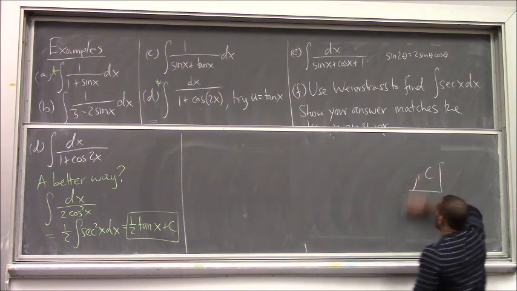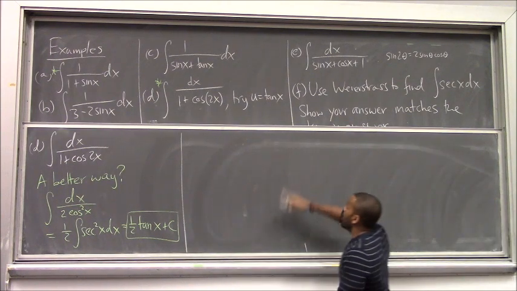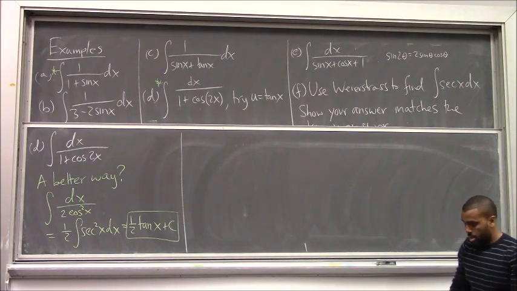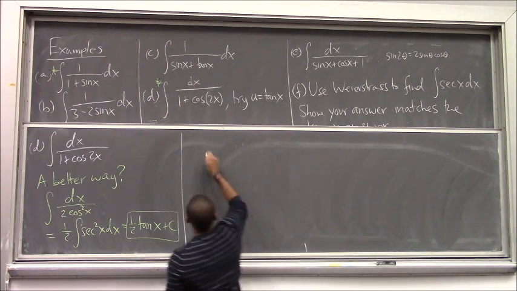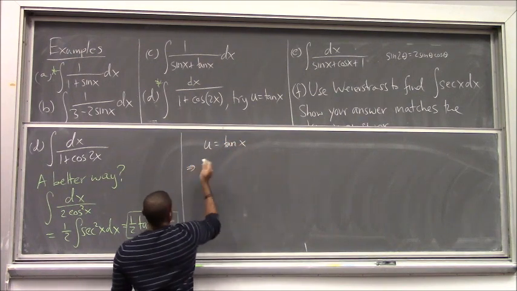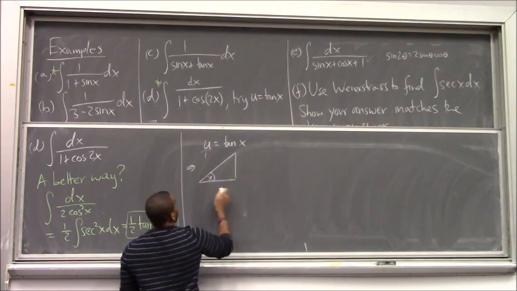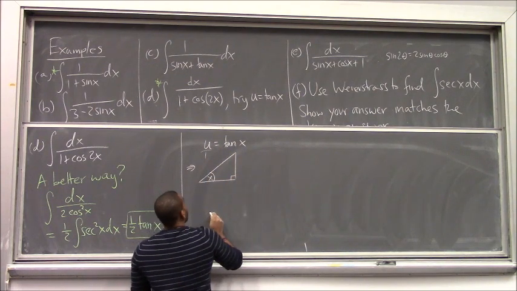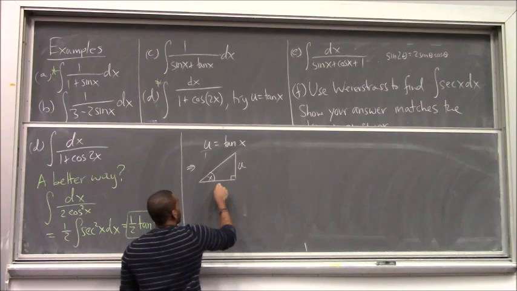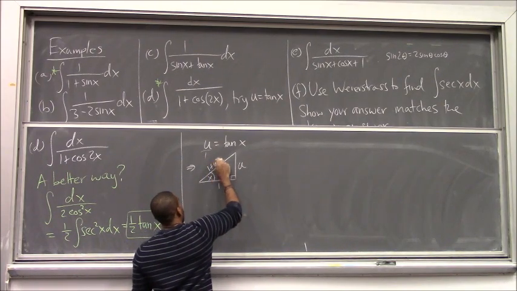We're going to rederive the Weierstrass substitution formulas with a double angle instead of the half angle. So for u equal to tangent x, I think of this as u over 1, which means I can draw a triangle where x is the angle, tangent is opposite over adjacent, so the hypotenuse is the square root of 1 plus u squared.